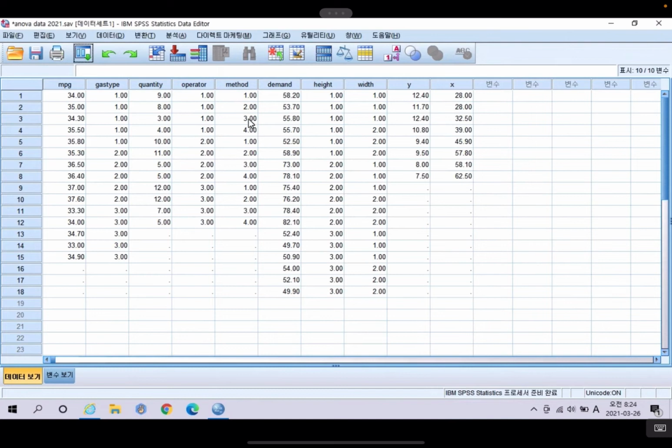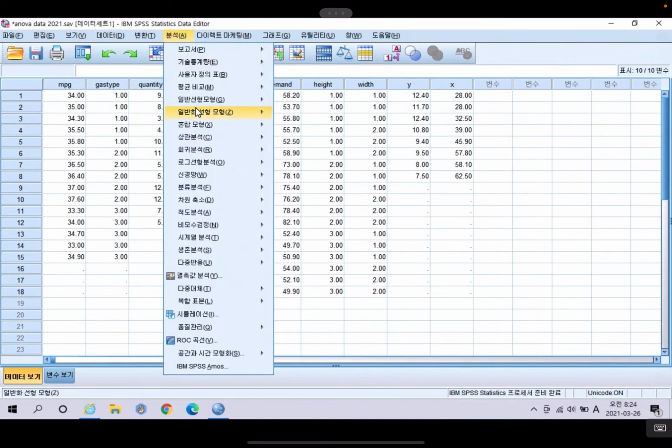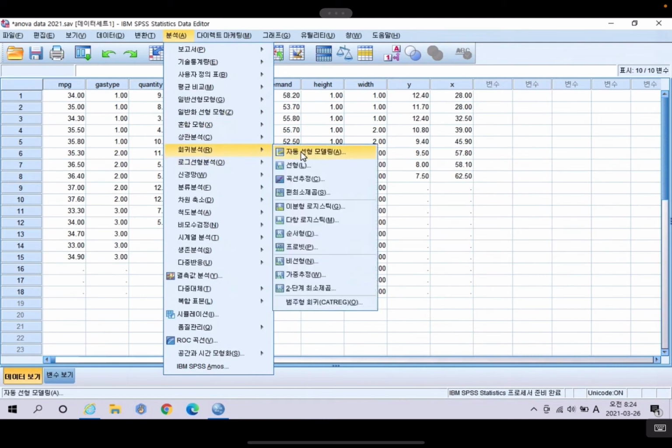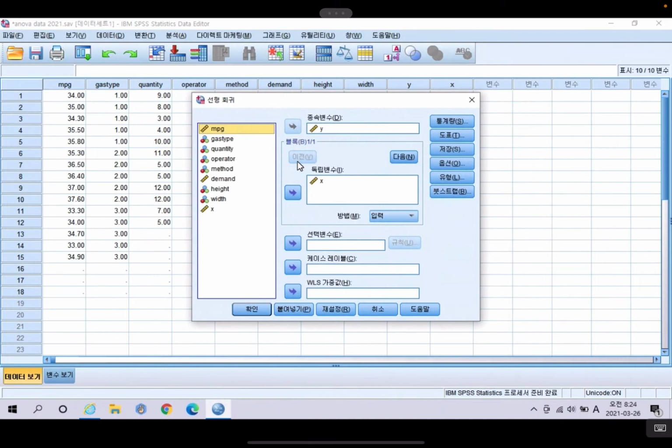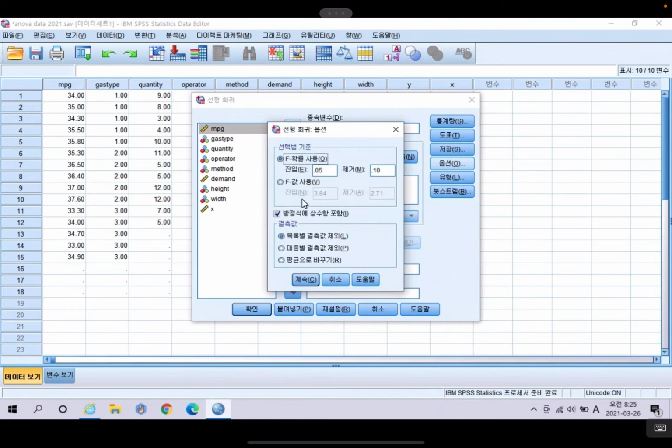Now let me show you another one here. If you go to the regression, and then you choose linear, and you go to the option here, you have to decide whether you want to include the intercept or not. The default is to include the intercept.